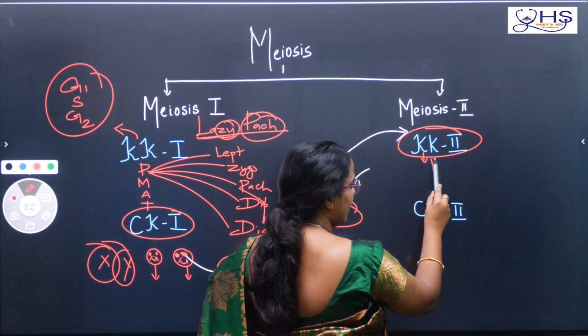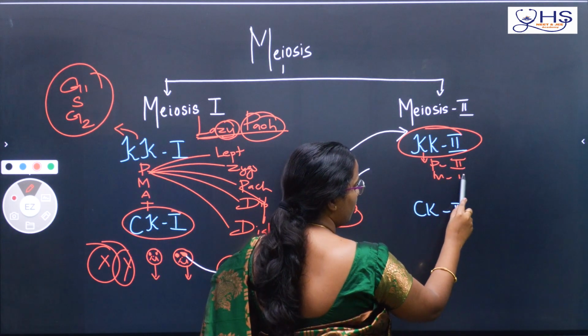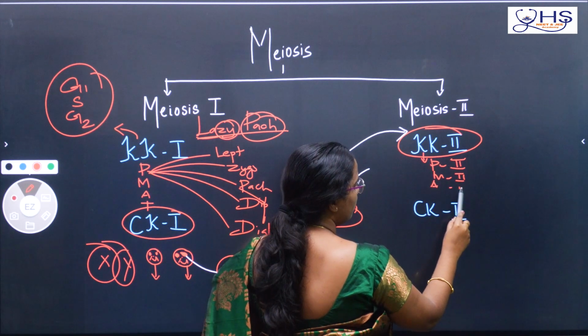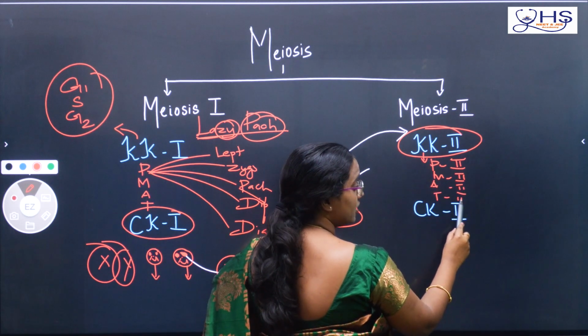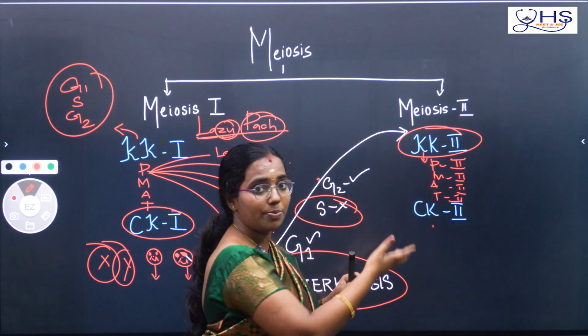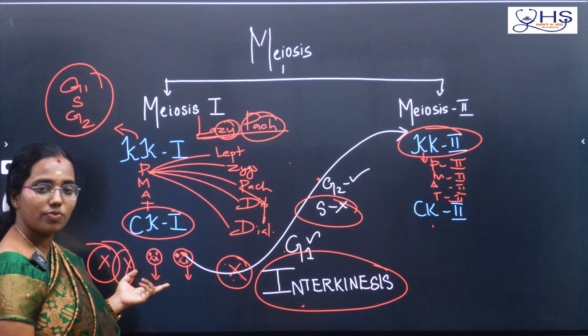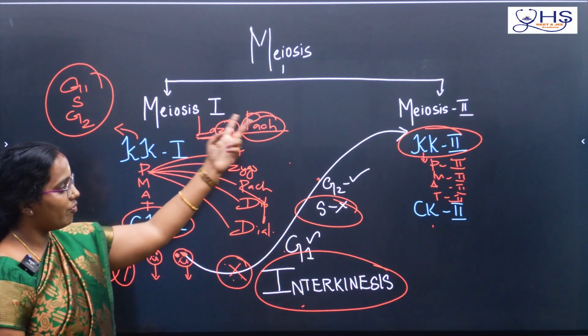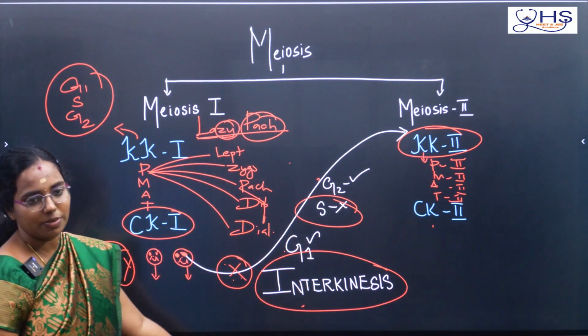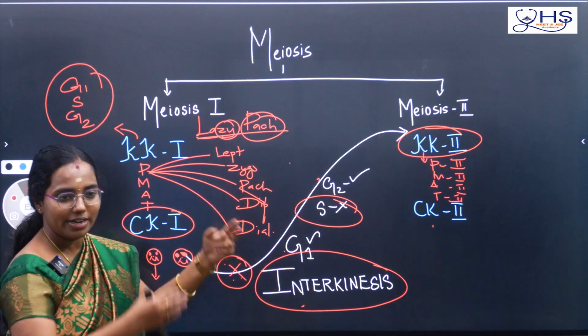In karyokinesis 2, once again prophase 2, metaphase 2, anaphase 2 and telophase 2. Is that clear? How many cells are undergoing the process? 2 cells, because the product of meiosis 1 is 2 cells. So interkinesis, prophase 2, metaphase 2, everything happens in both cells.